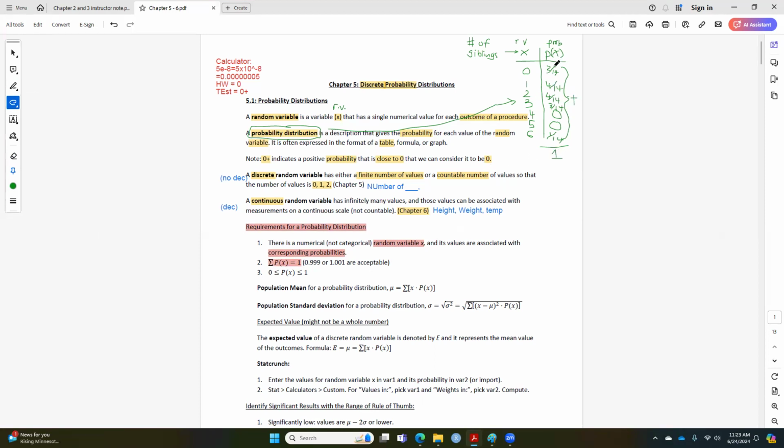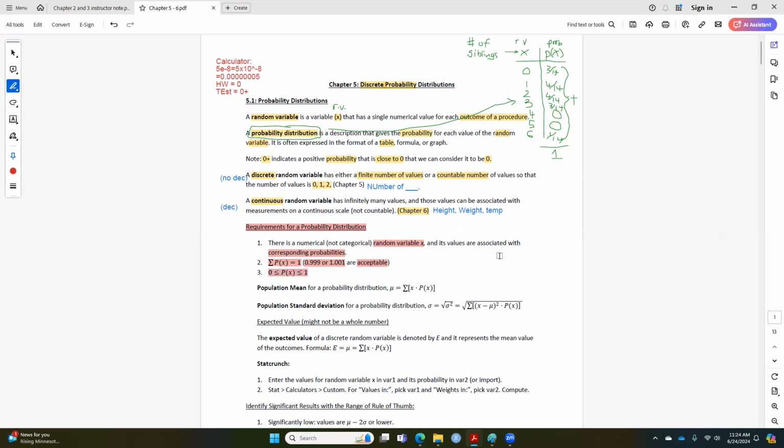So when you add 3 over 14 and all these probabilities up, you get exactly 1. If you add them but don't get exactly 1, say you get 0.99999 or 1.001, that is still acceptable because of rounding. So in this case, if you add all these, you get 1. That fulfills the second requirement.